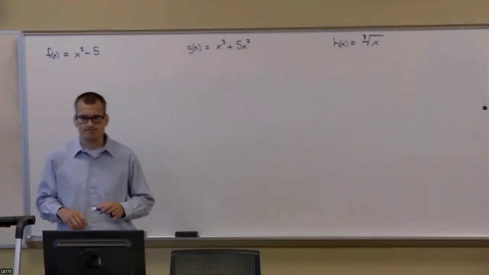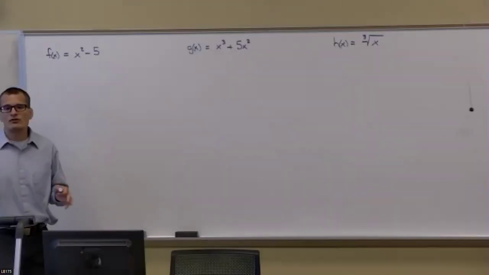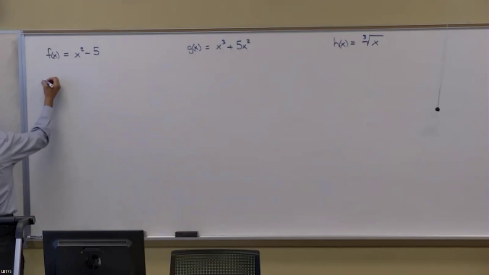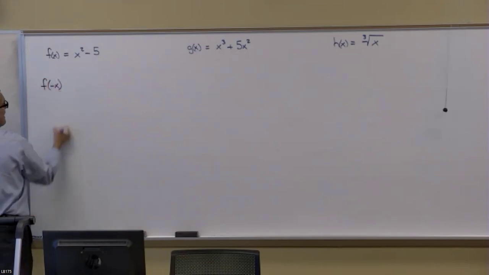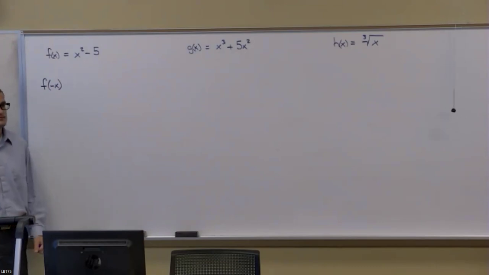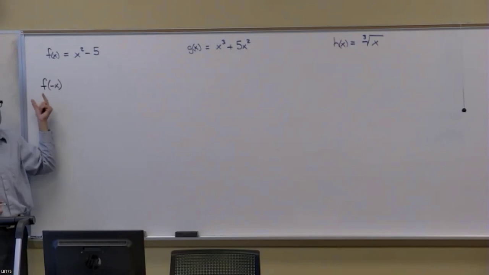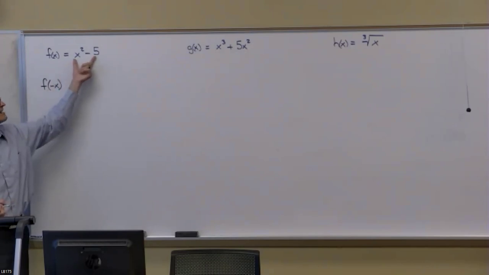Okay. So here's what we would do. If you're doing this algebraically, which we'll do right now on all three of these, all we would do is plug in -x and see what happens. If you can algebraically manipulate to get back to the original function, then I know it's even.